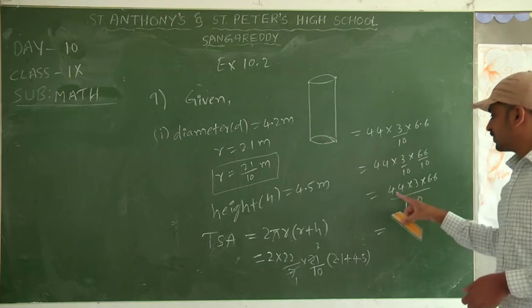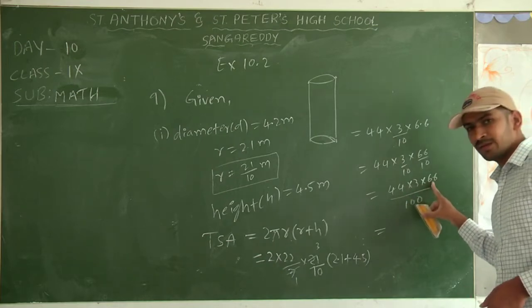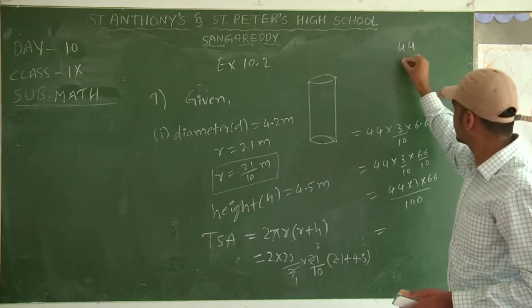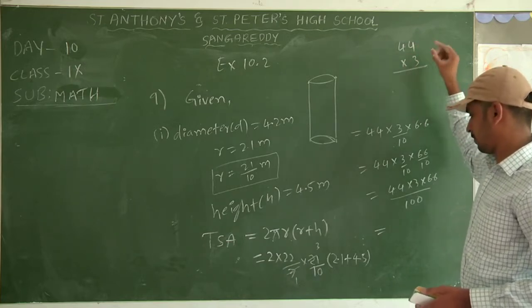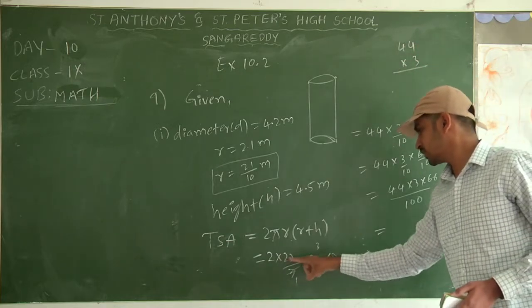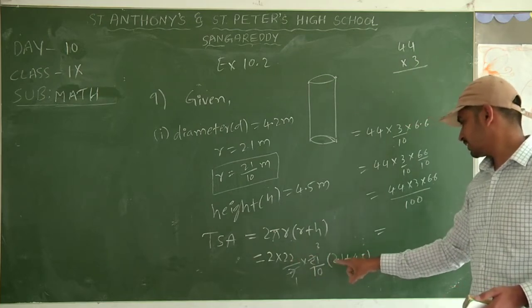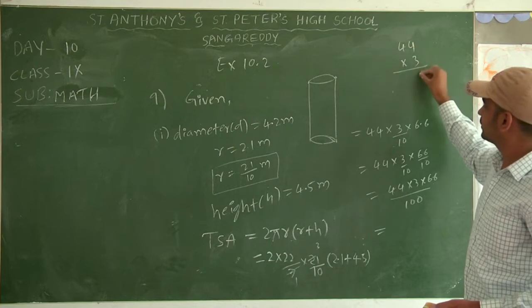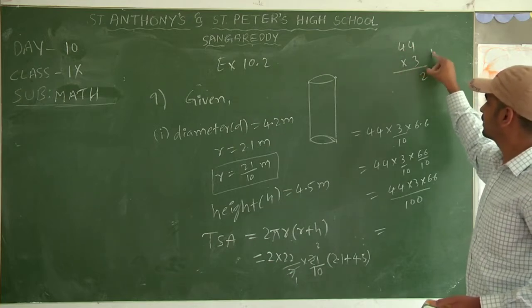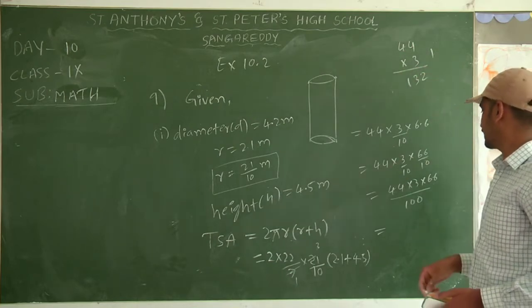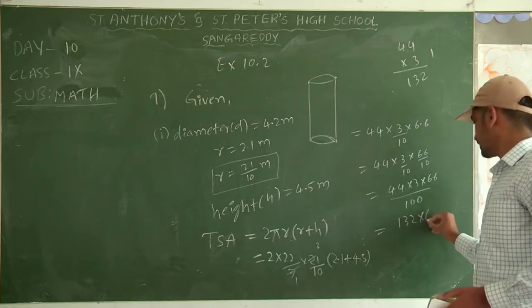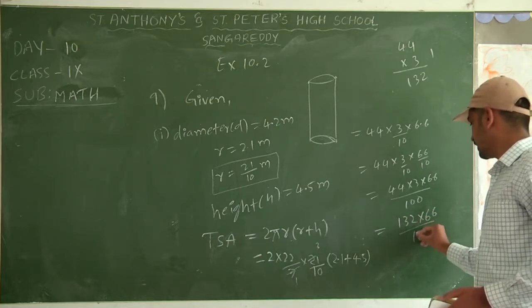First I want to multiply 44 into 3, then multiply with 66. 44 into 3 is 132, into 66 by 100.